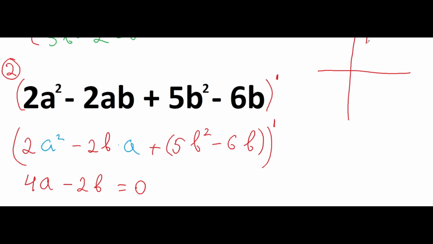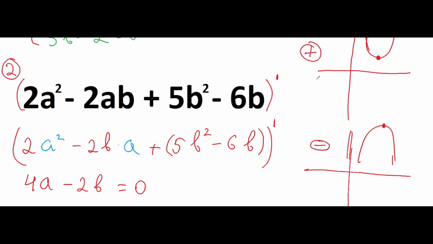If it is a positive number, it will be a minimum value. But if it is a negative number, our graph will go down. If it is positive, it will go up.